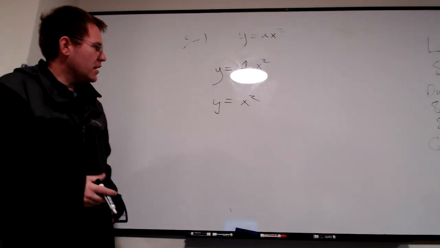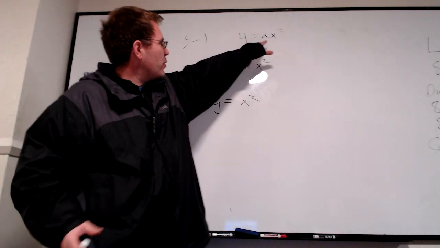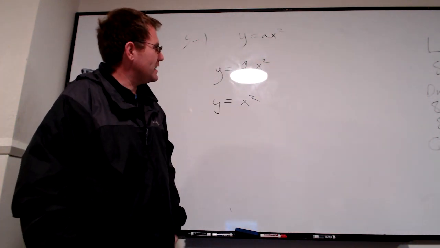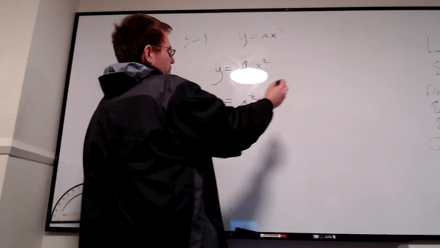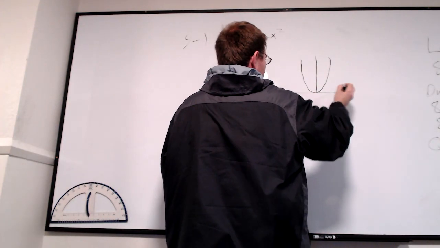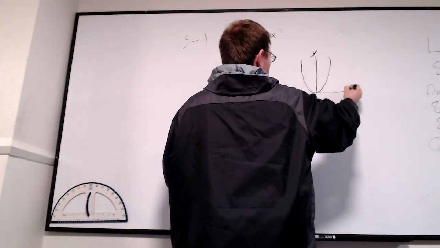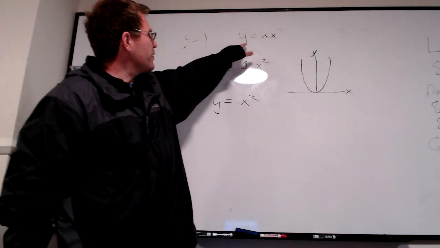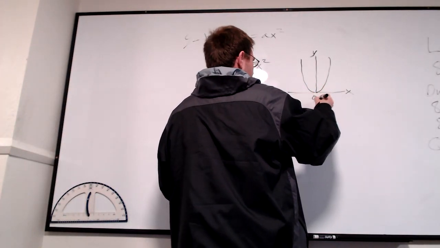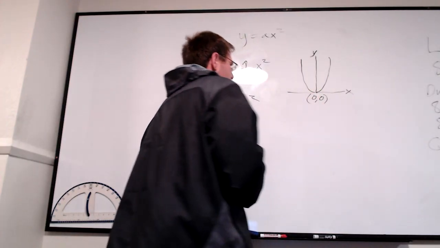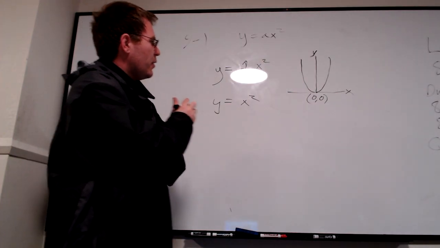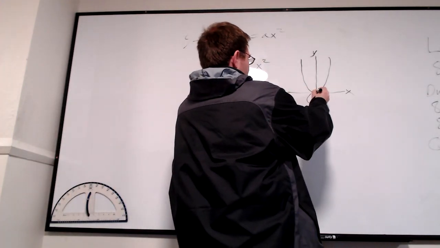When you have this form of equation, on a parabola the vertex is always at the origin, which is (0, 0). Anytime your equation is of that form, it's going to be that way.